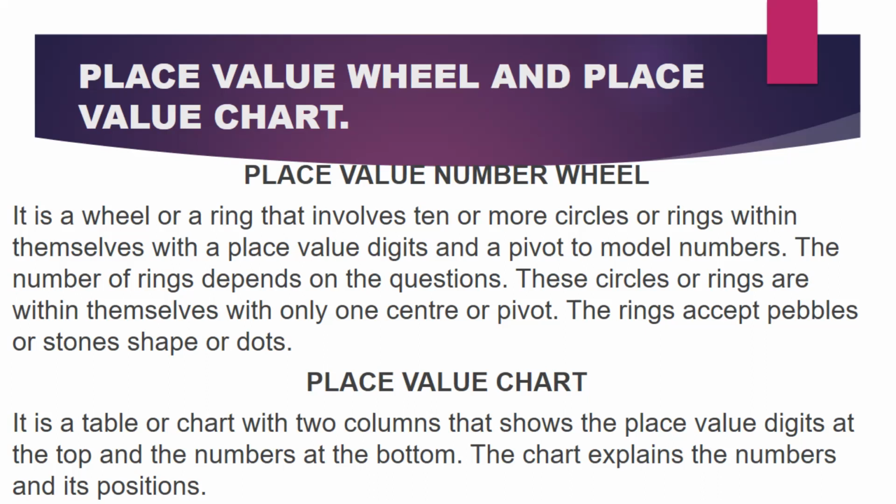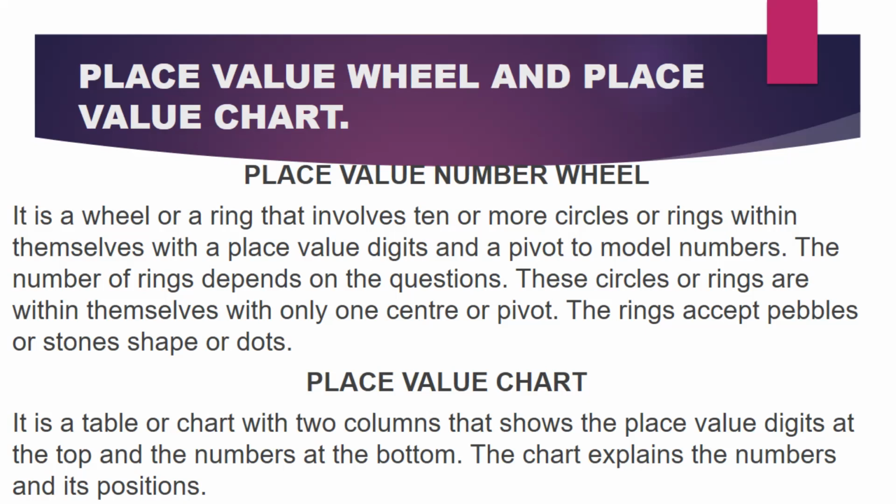Let's talk about the other method that we can use to model numbers, which is the place value chart. It's a table or chart with two columns that shows the place value digits at the top and the numbers at the bottom.